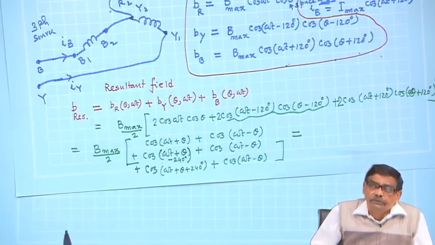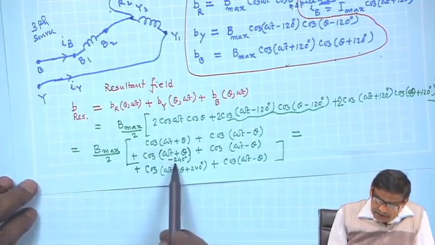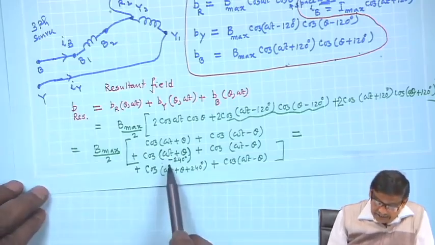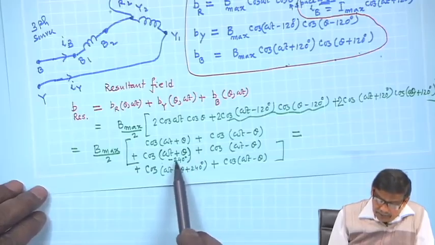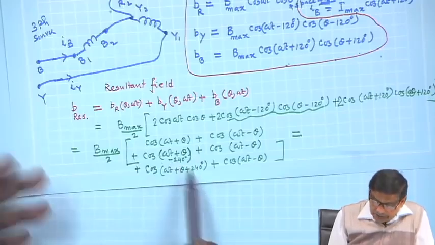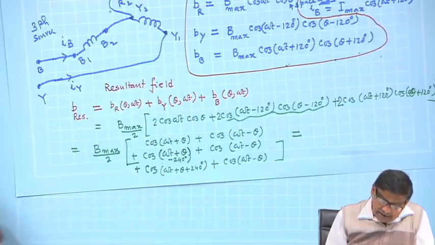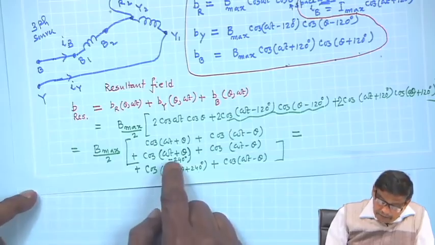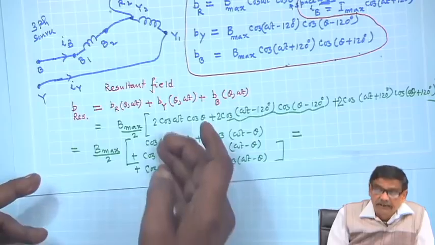It has to be 0, because these are three sinusoidal terms, effectively 120 degree apart. You can add 360 degree and subtract 360 degree, so it will become equivalent to plus 120 degree, here it is minus 120 degree. So, any sine or cosine terms displaced by 120 degree apart will give rise to 0.